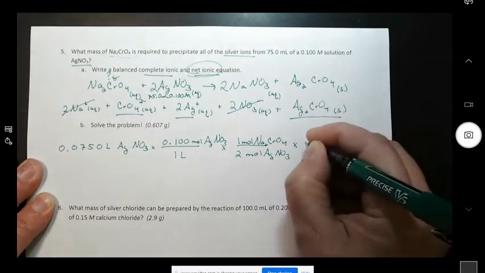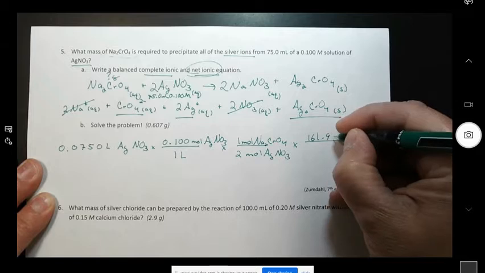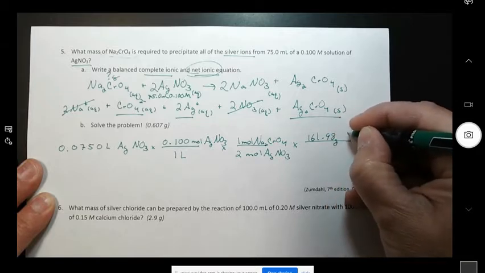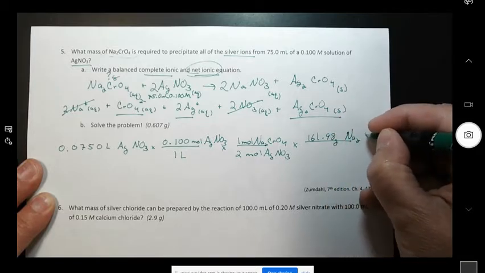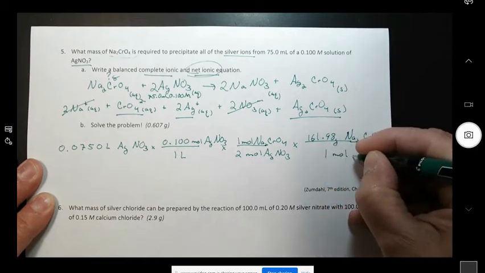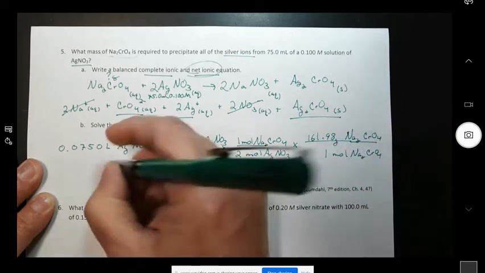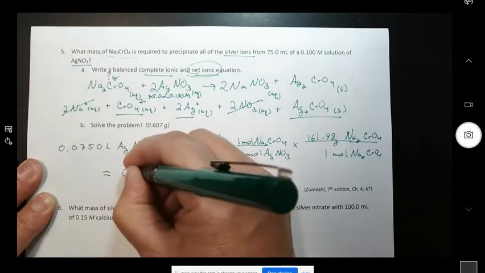Now to find mass, one more step, molar mass, 161.98 grams of Na2CrO4 for every 1 mole of Na2CrO4.